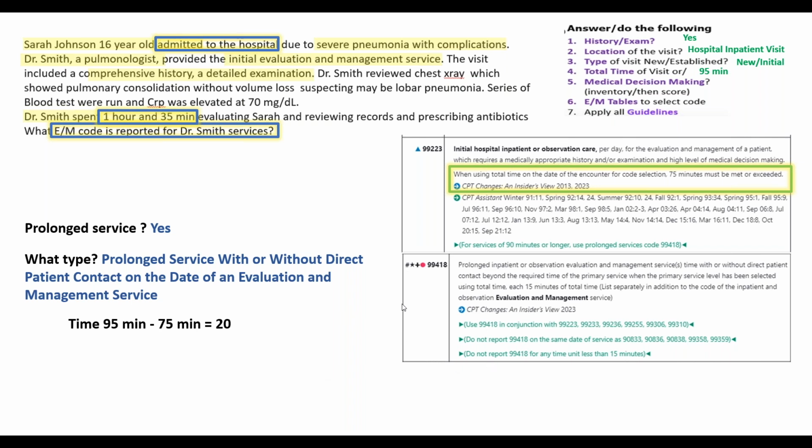So will that 20 minutes satisfy billing 99418? Yes is the answer I am getting. So how many units of 99418 can I bill in the scenario? You have 20 minutes of additional time here.